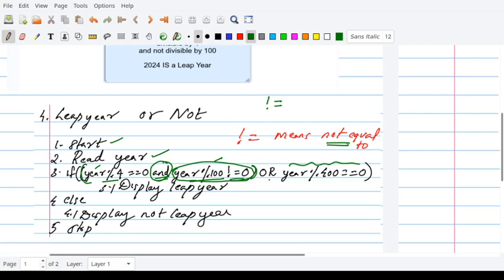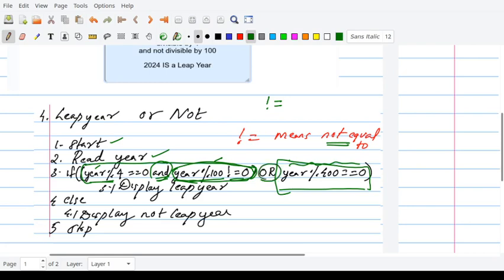Then another condition is that the year should be divisible by 400. The year will be a leap year if either of these two conditions is true. If this condition is true, the year is a leap year, or if this condition is true, then also the year is a leap year. So you can combine these two big conditions and write or here.